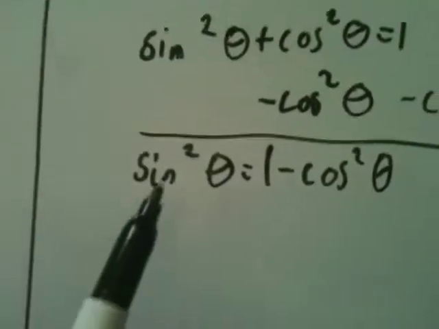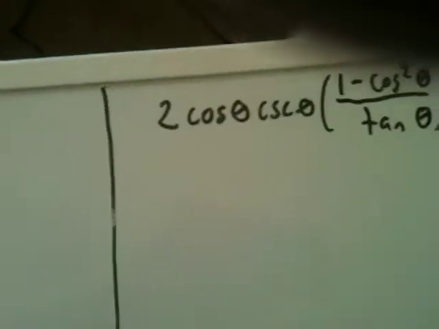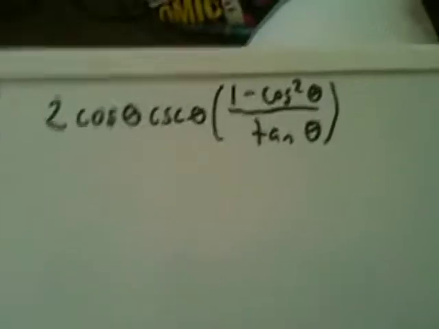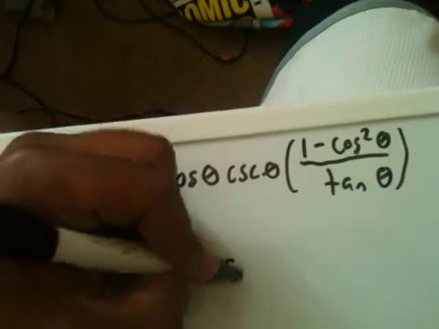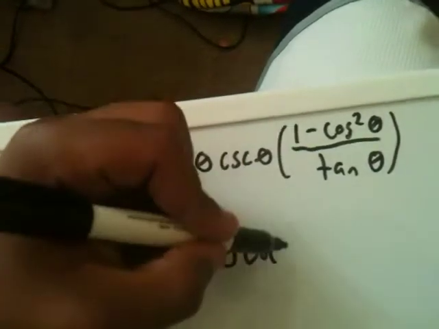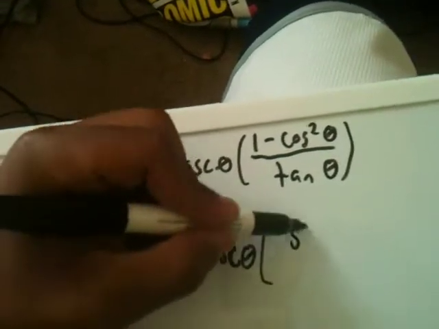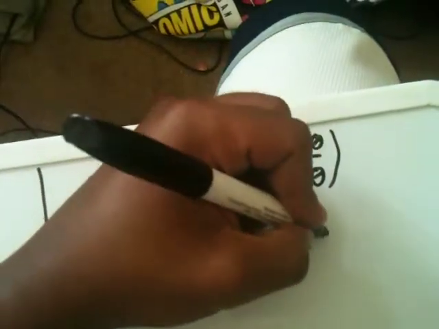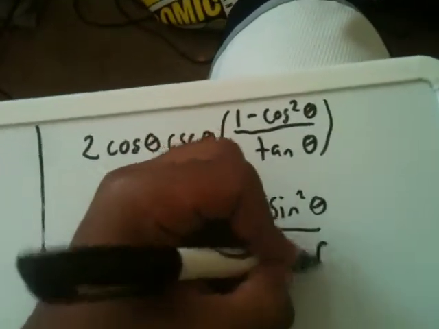So you can put a sine squared in place of this. So let me erase that. Alright. Now, we just put a sine squared in that place, so 2 cosine theta cosecant theta times the sine squared of theta over the tangent, just 1.